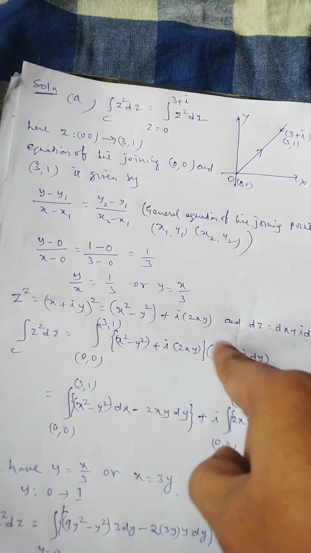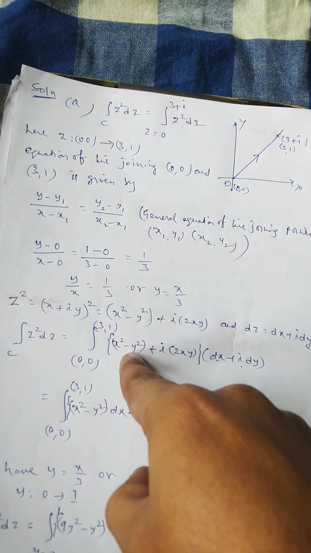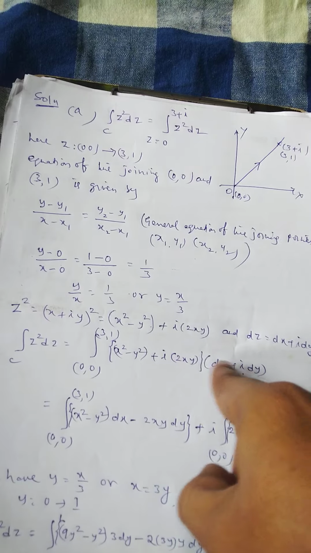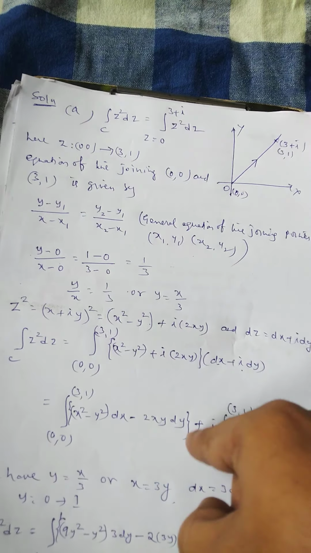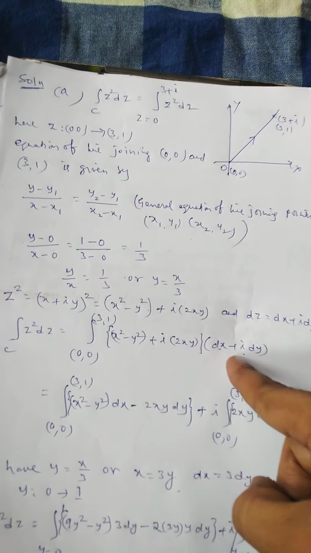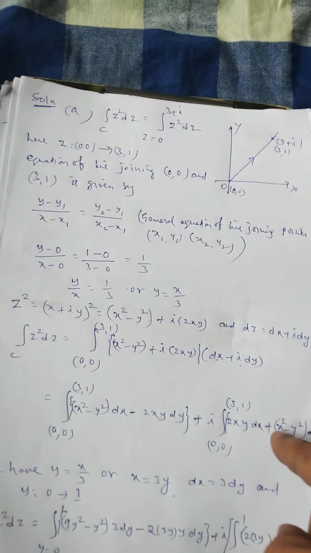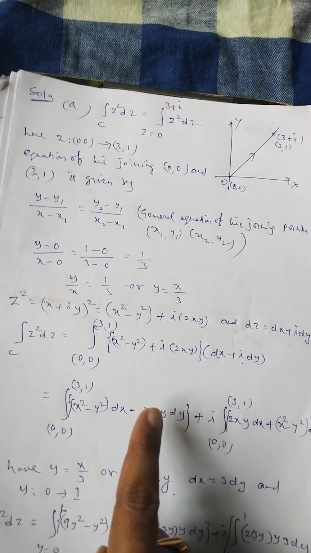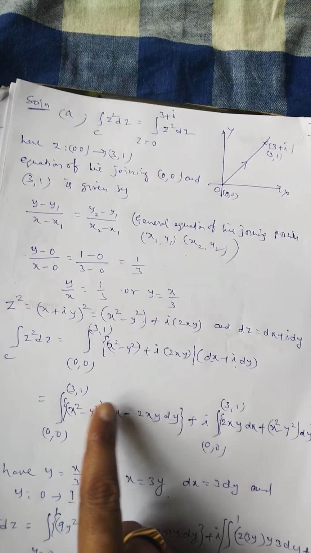By separating the real and imaginary parts, we split into two integrals: the integral of (x square minus y square) dx minus 2xy dy, plus i times the integral of 2xy dx plus (x square minus y square) dy, along the limits (0, 0) to (3, 1).